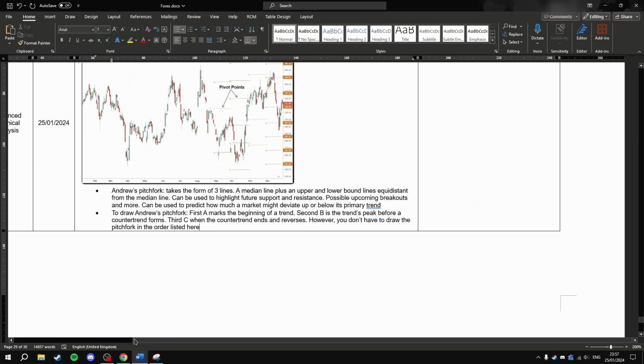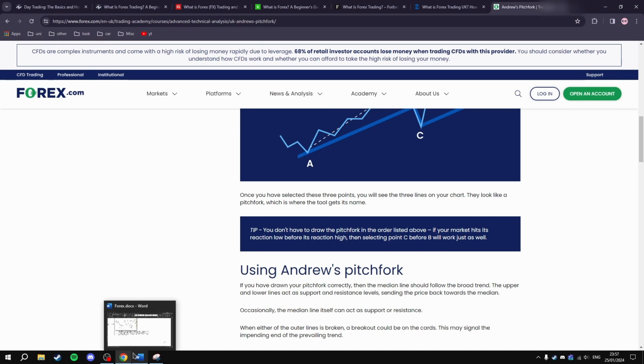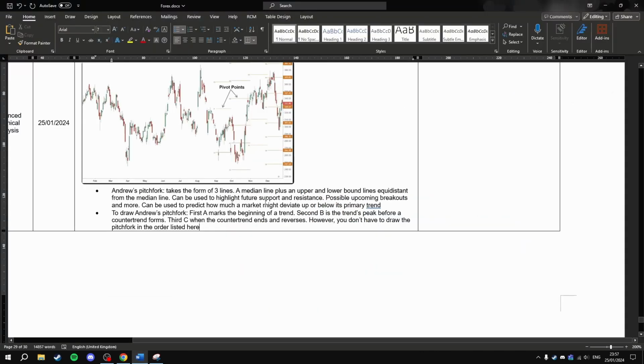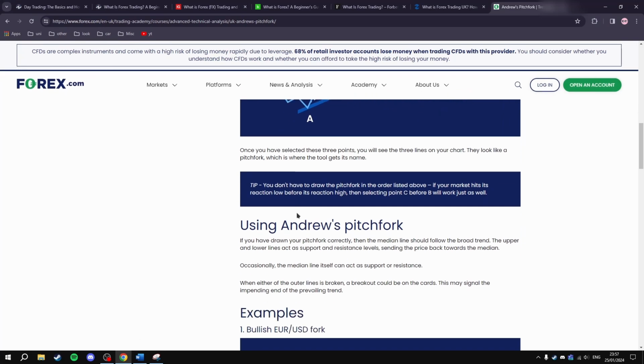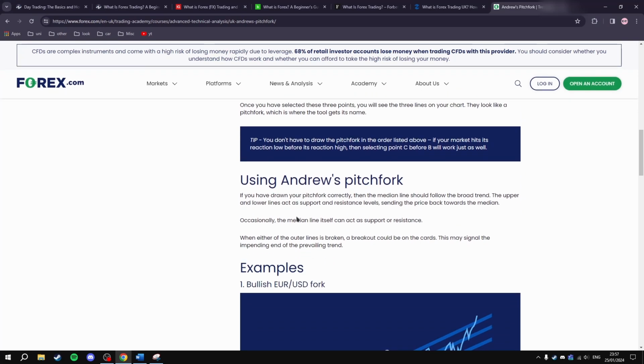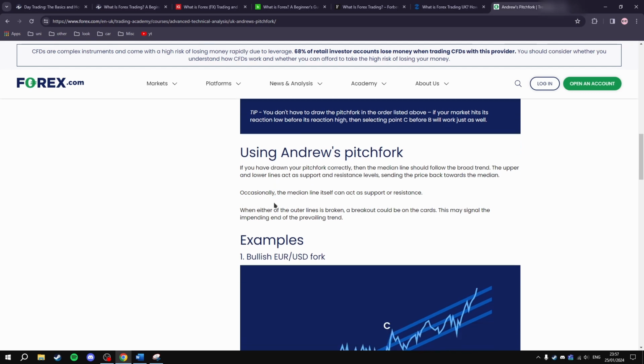So it consists of a median line plus an upper and lower bound. It can be used to form future support levels. Occasionally, the median line itself can act as support or resistance.